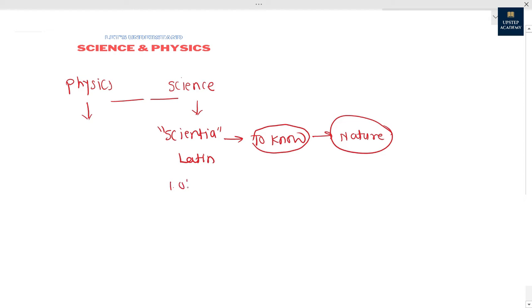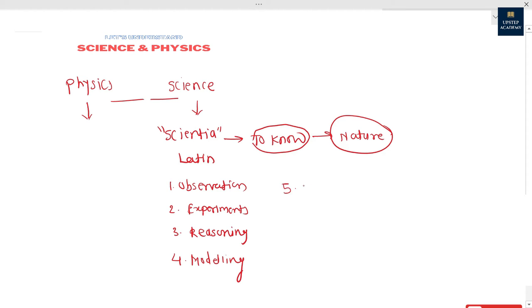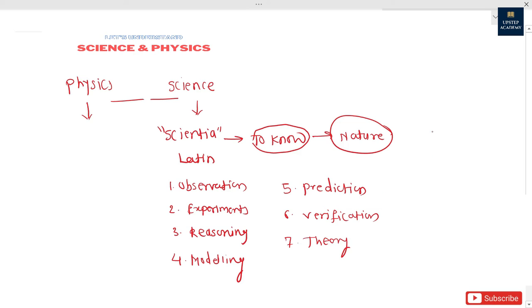One is observation, second is experiments, third is reasoning, fourth is modeling, fifth is prediction, sixth is verification, and seventh is theory.